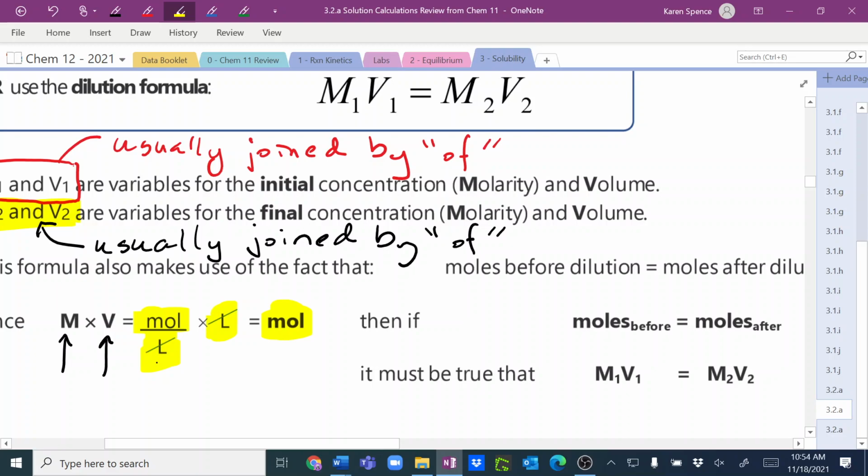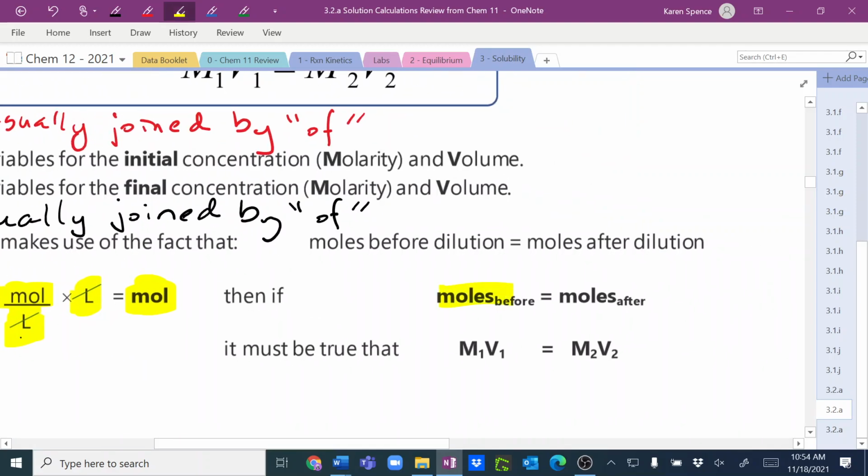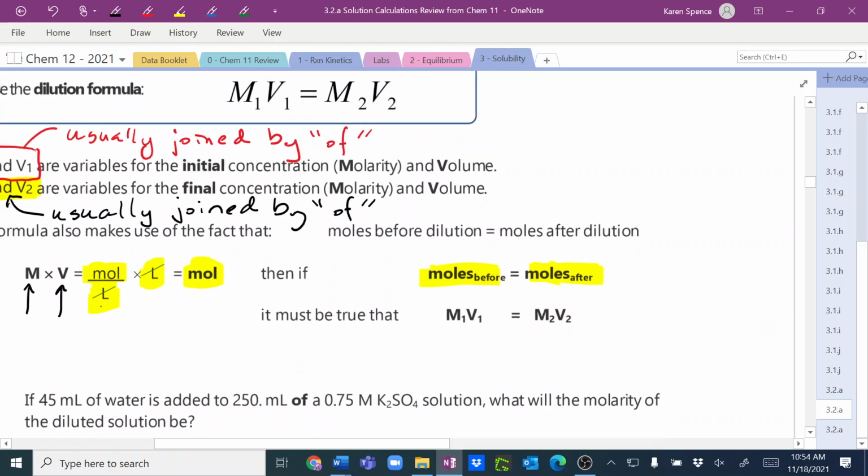And what do we know about the moles before dilution and the moles after dilution? They are the same. So the moles before are the same as the moles after, and because moles is equal to MV, M1V1, moles number 1, has to be equal to M2V2, which is moles number 2. That's why that formula works.